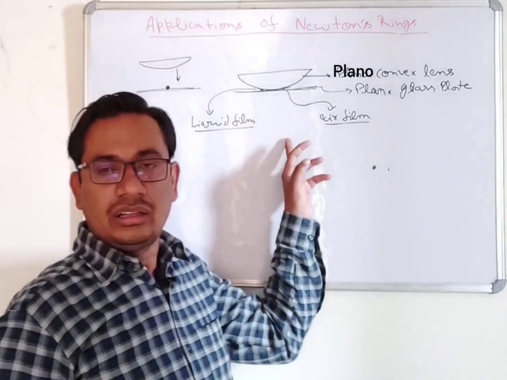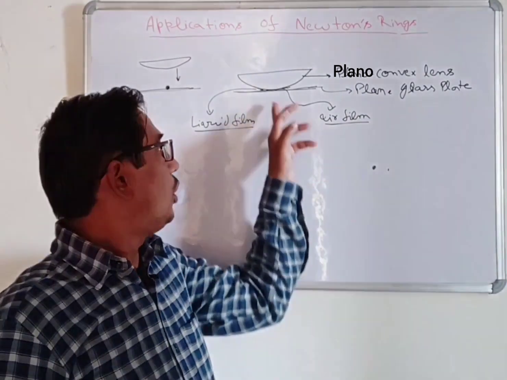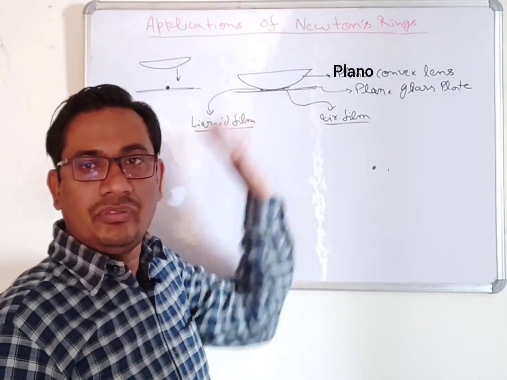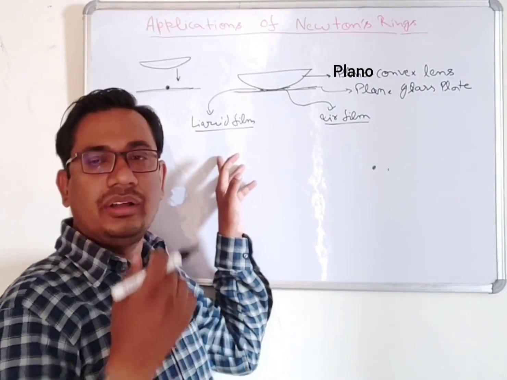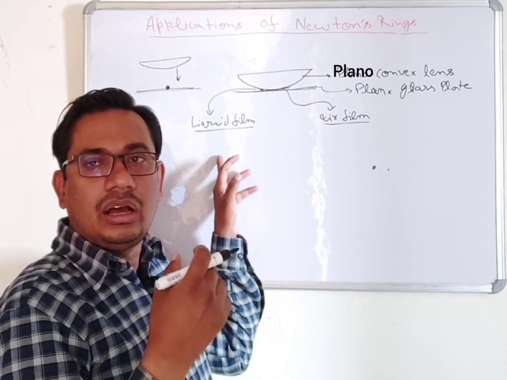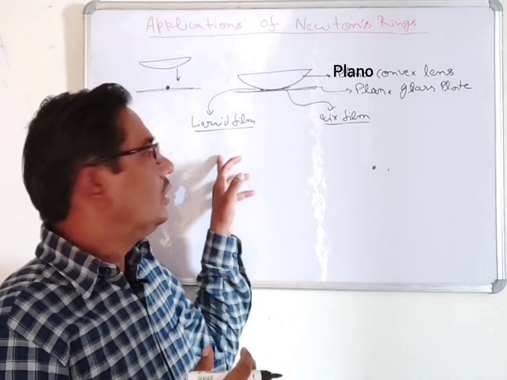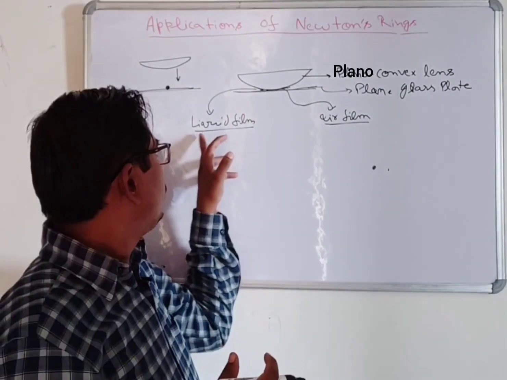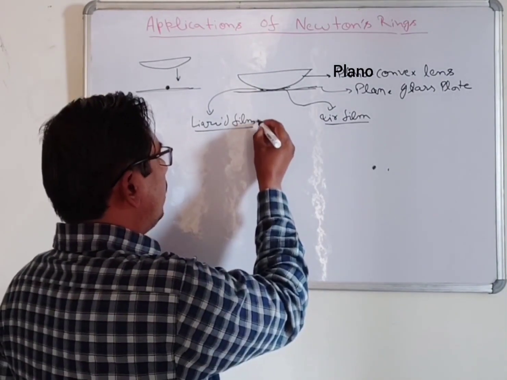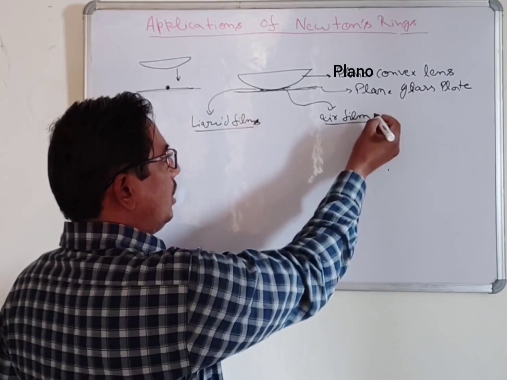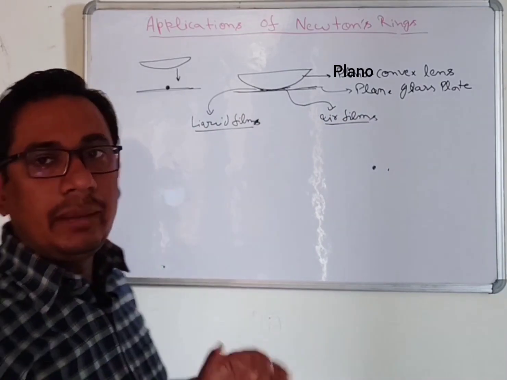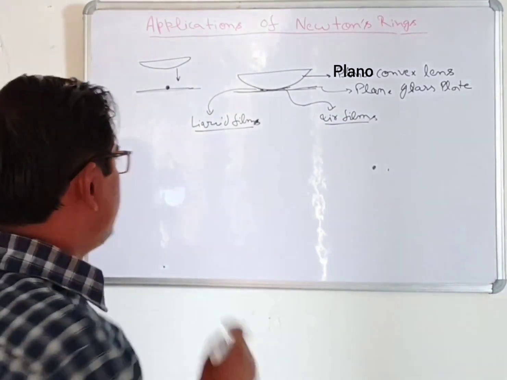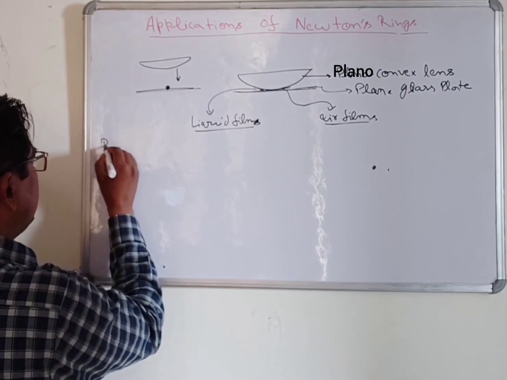In one case, without liquid, air will be formed. In the other case, you can use a liquid like water, oils, or any other type of liquid. Then a small thickness t of liquid will be formed, like in the case of air. What will be the path difference in both cases?